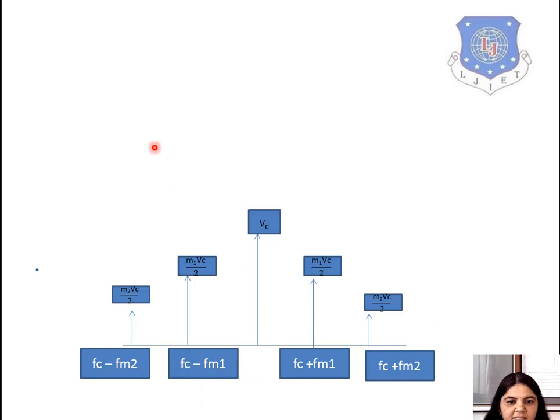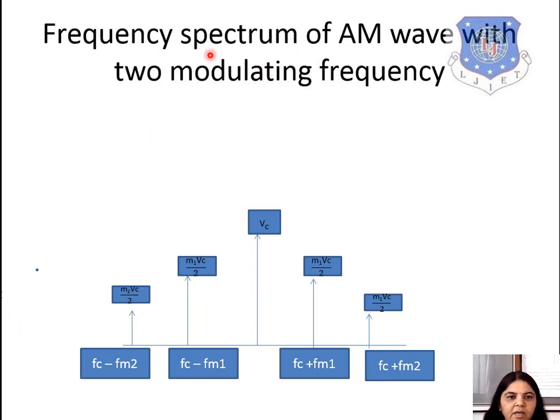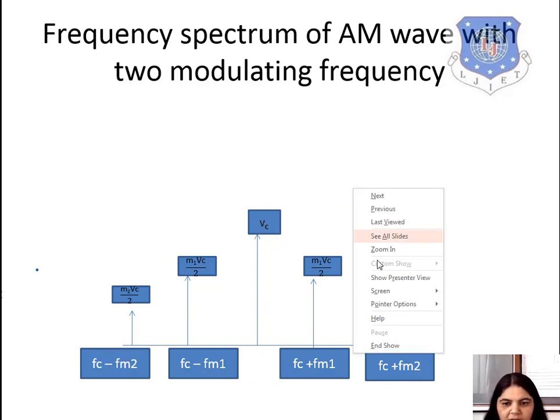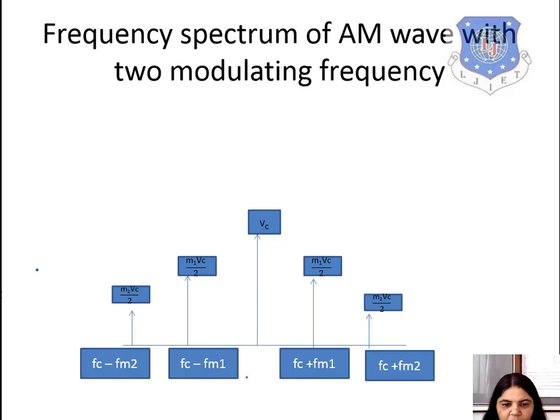Now this is the amplitude spectrum of the wave, the frequency spectrum of the AM wave with two modulating frequencies. I can draw the spectrum like this. On the frequency axis, fc is the carrier signal having the amplitude Vc.